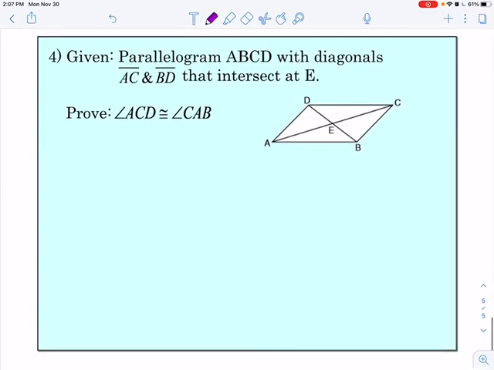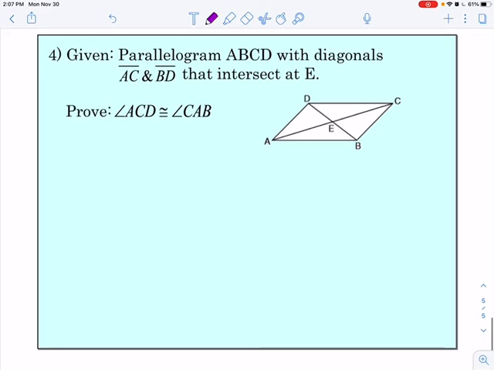And our last one for today. So we have parallelogram ABCD with diagonals AC and BD that intersect at E. So basically all they've told me is that I have a parallelogram. Okay, and I want to prove that angle ACD, this angle here, is congruent to CAB, which is that angle there.